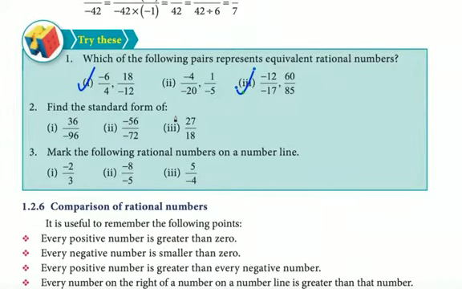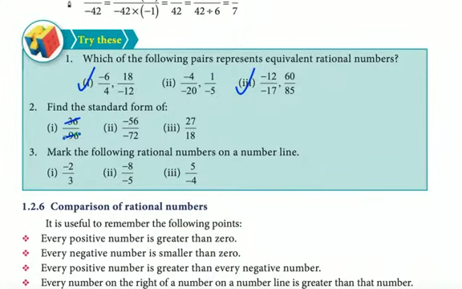Find the standard form. 6 sixes are 36. 6 by 14, or otherwise 3 by 7. No, this is not wrong. Let me do it quickly by making it with 6.